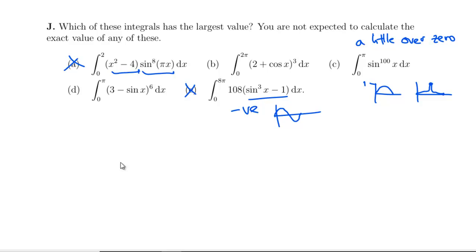So let's have a closer look at B. With B, we start with our cos x, going between 0 and 2 pi. We're adding 2 to it, so it's the same shape, but we're now going from 1 to 3.